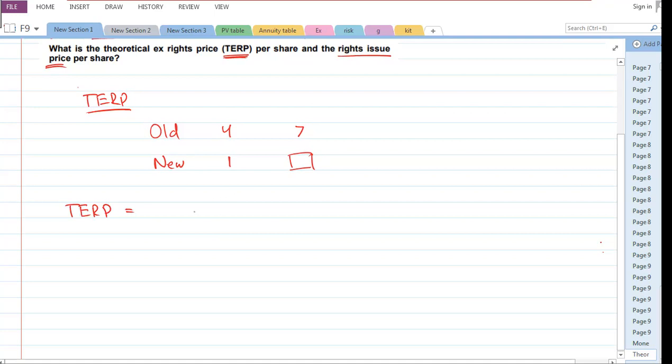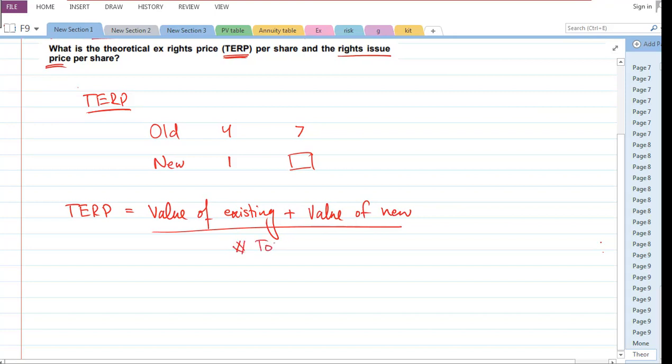the formula is value of existing shares plus value of new shares, divided by number of total shares.